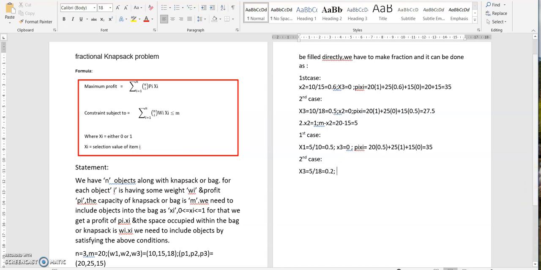Now we need to find x1. x1 equal to 0 here because no more space is present. Now we need to find Pixi: P1x1 plus P2x2 plus P3x3. P1x1 means 20 into 0, plus 25 into 1, plus 15 into 0. The value equal to 28.